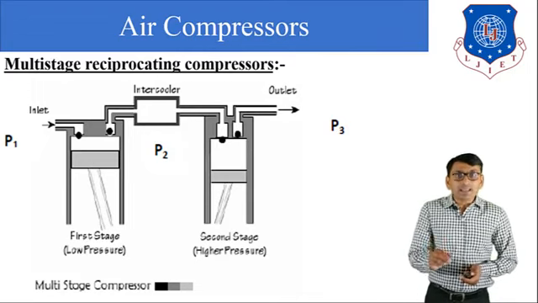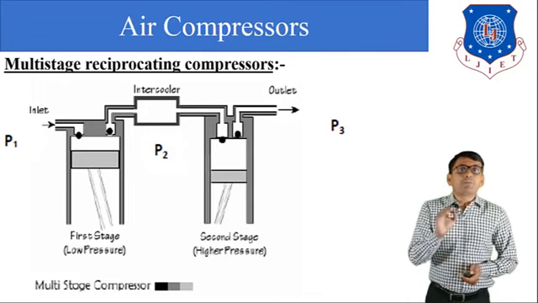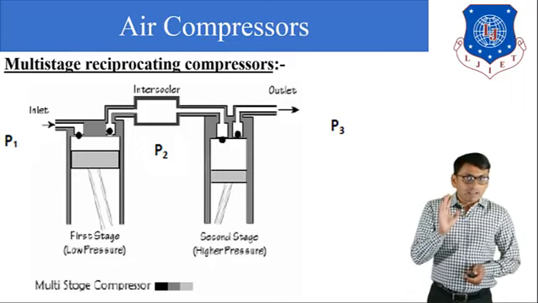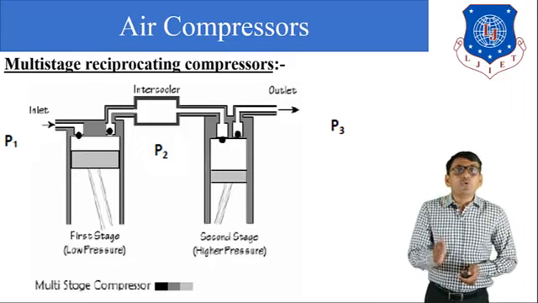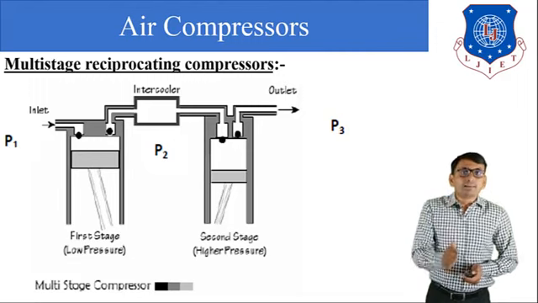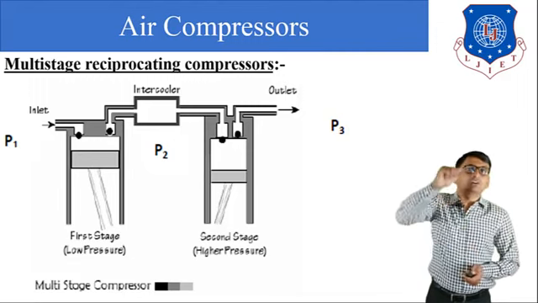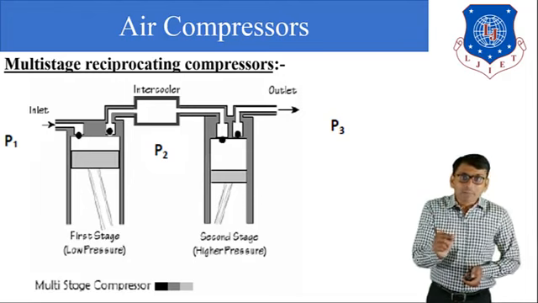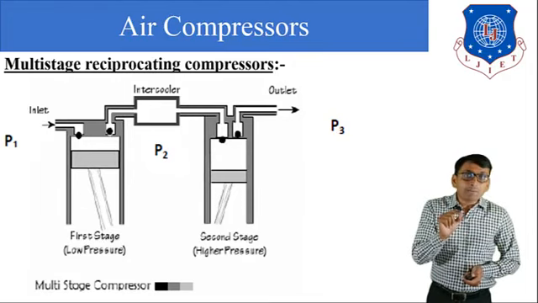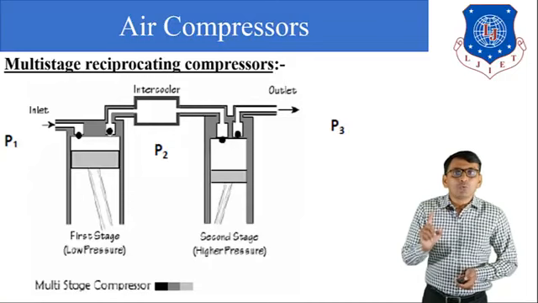Now atmospheric air of pressure P1 enters the low pressure cylinder. Due to movement of the piston, this air is compressed up to pressure P2.